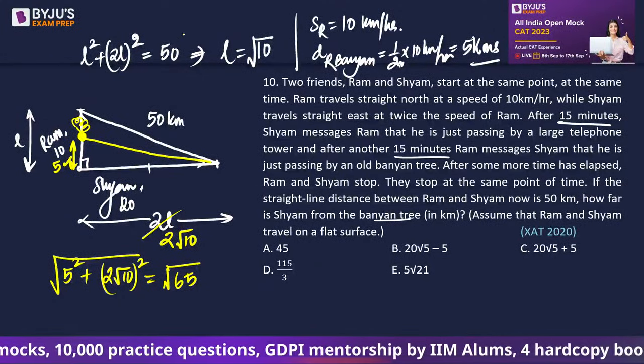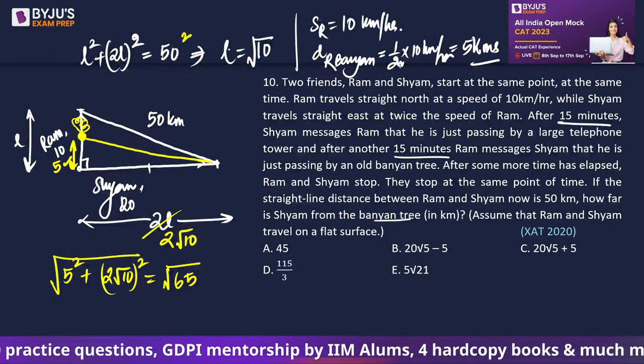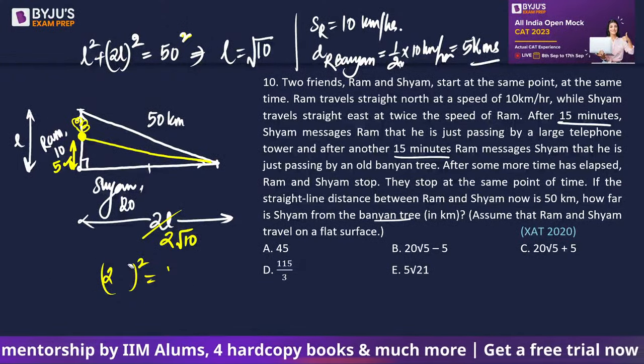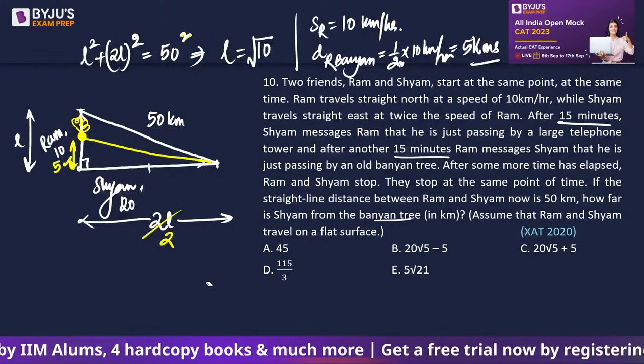Oh, sorry, this should be 50 square. No. Why am I getting such a small answer? Okay, so it's not root 10 actually.